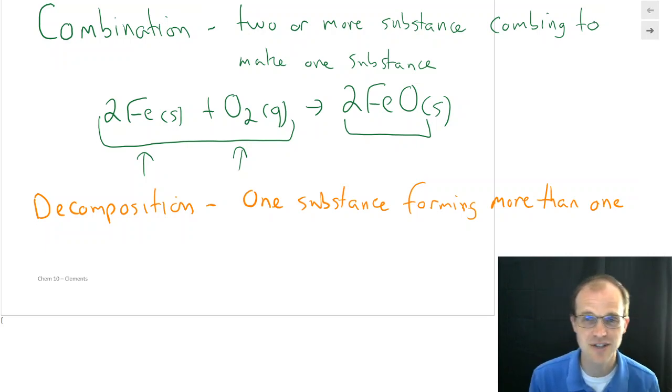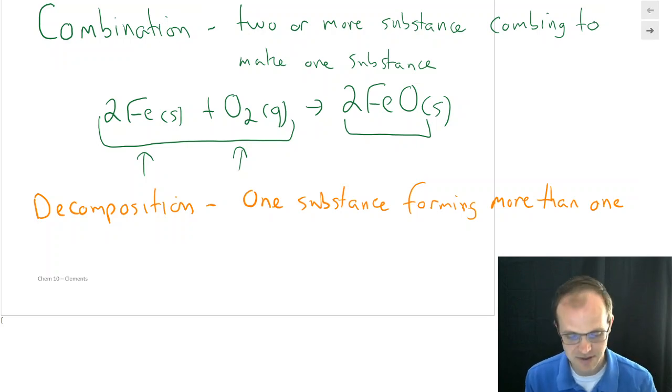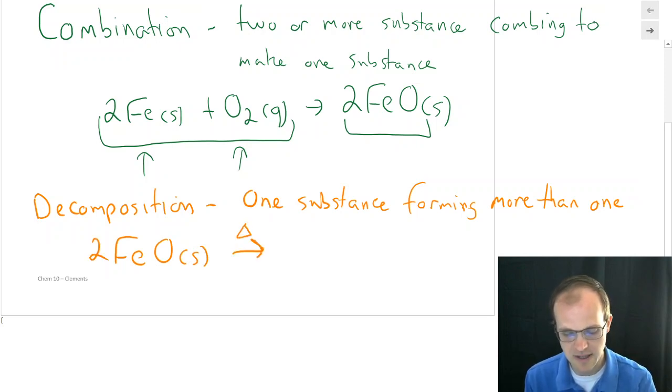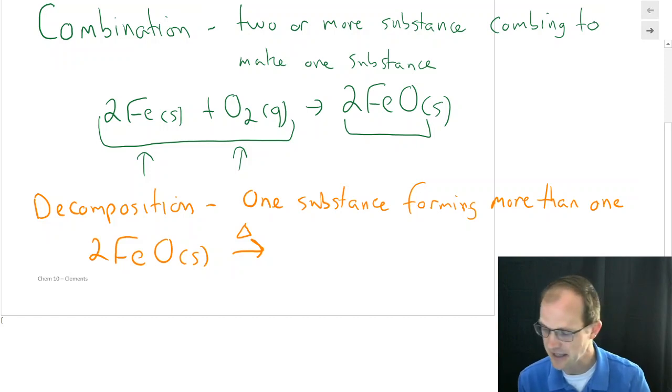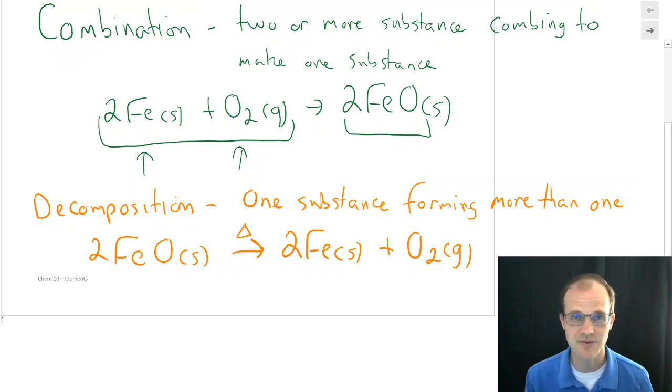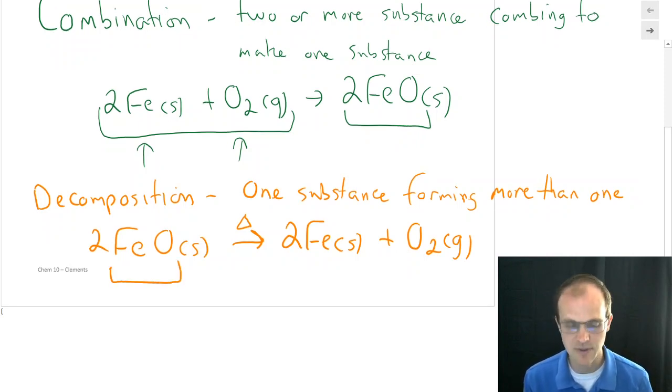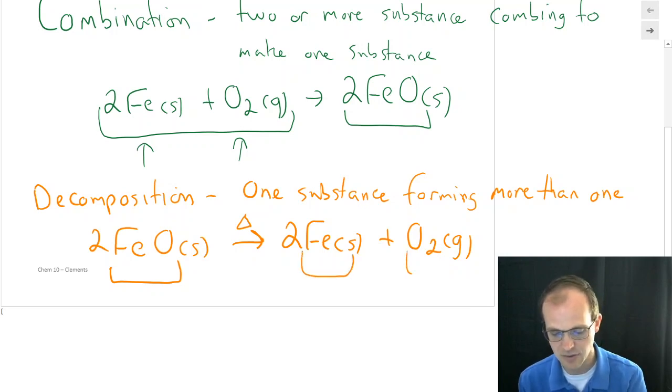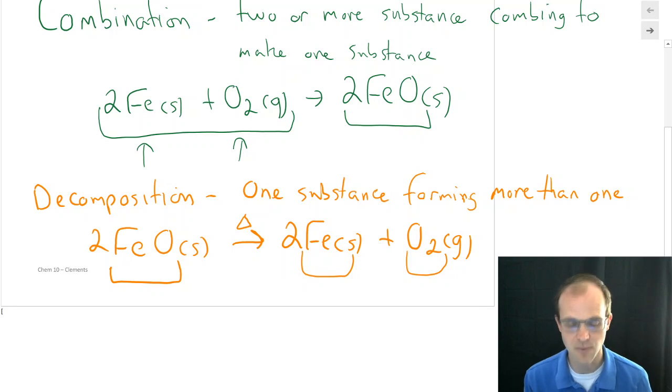Every combination reaction, if you undo it, is a decomposition reaction. So if I took iron(II) oxide and I heated it up, one way to say heat is to use a little triangle, that delta triangle up there that says I'm heating it up, I can make some iron and some oxygen gas, and that's a decomposition reaction. Again, we don't count the coefficient there, we just look, hey, we've got one substance making two or more substances, more than one.